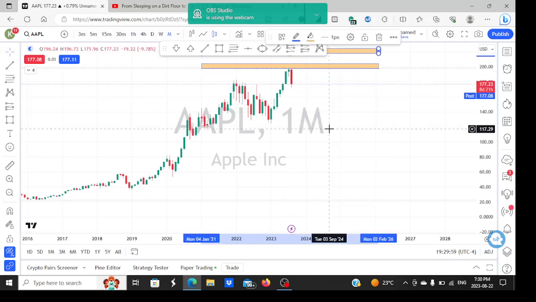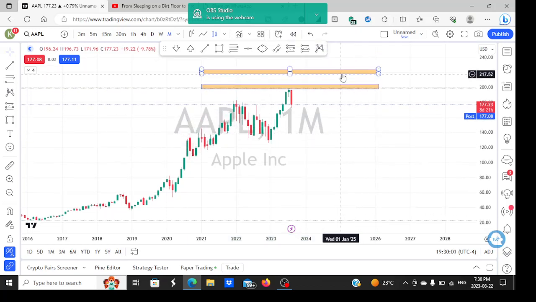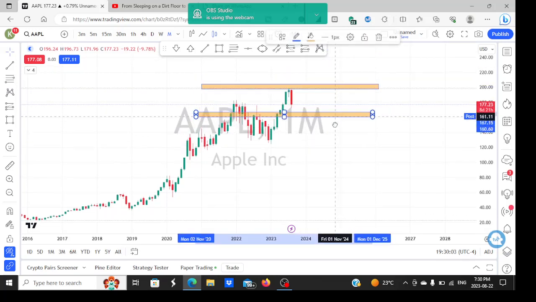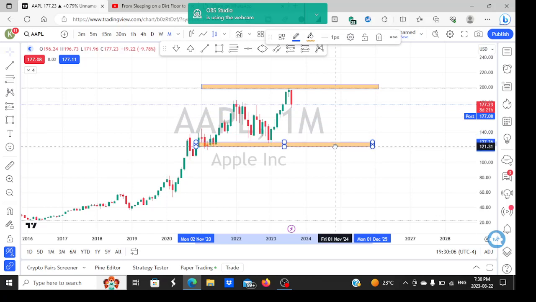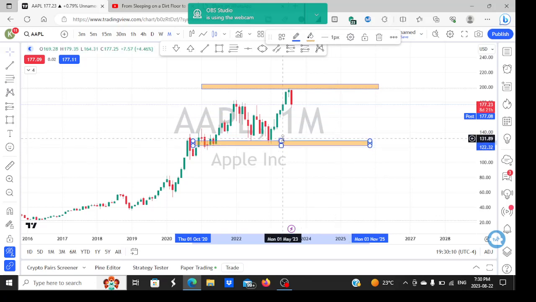So we'll just clone this and move this down to another monthly level. So this is a zone here, and this is the lower monthly level, and this is the high of the monthly chart.